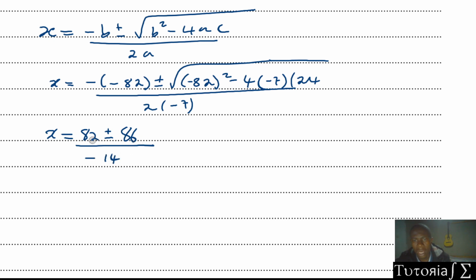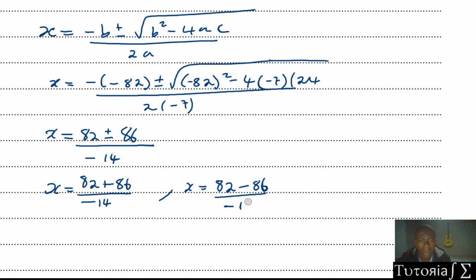So now from here, you separate, that is, you say x is equal to the addition, which is 82 plus 86 all over negative 14, then x is equal to the subtraction, 82 minus 86 all over negative 14.